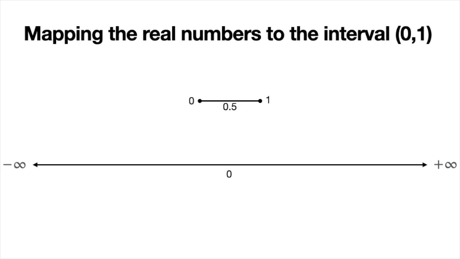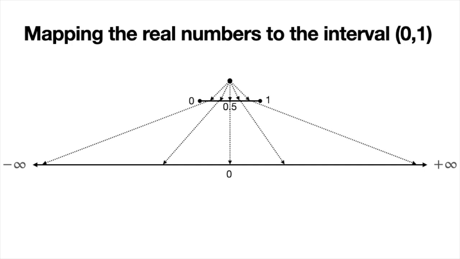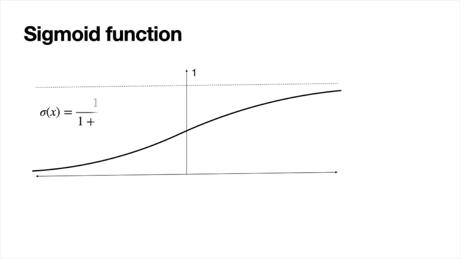So what we do is the following projection, where the sigmoid of minus infinity and plus infinity are technically 0 and 1, the sigmoid of 0 is 0.5, and any real number gets mapped into something between 0 and 1. The graph of the sigmoid function is this one, and the formula is 1 divided by 1 plus e to the negative x. Here's the graph. As an example, sigmoid of 1 is 0.73. And here are some other values.